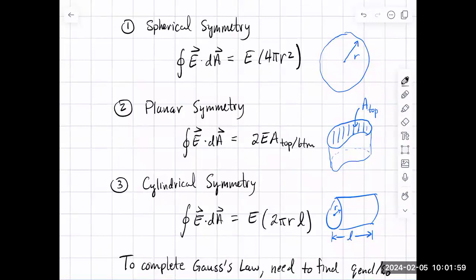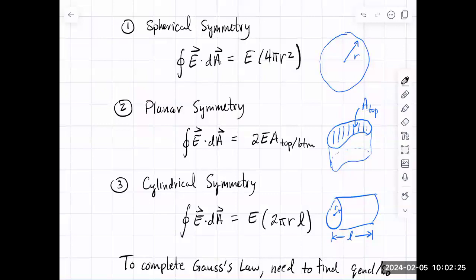The factor of 2 is from the fact that you get flux through the top and the bottom. And then finally, for the cylindrical symmetry, we chose a cylindrical Gaussian surface, and we got E times the area of the curved surface, because the ends of the cylindrical Gaussian surface don't contribute to the flux.